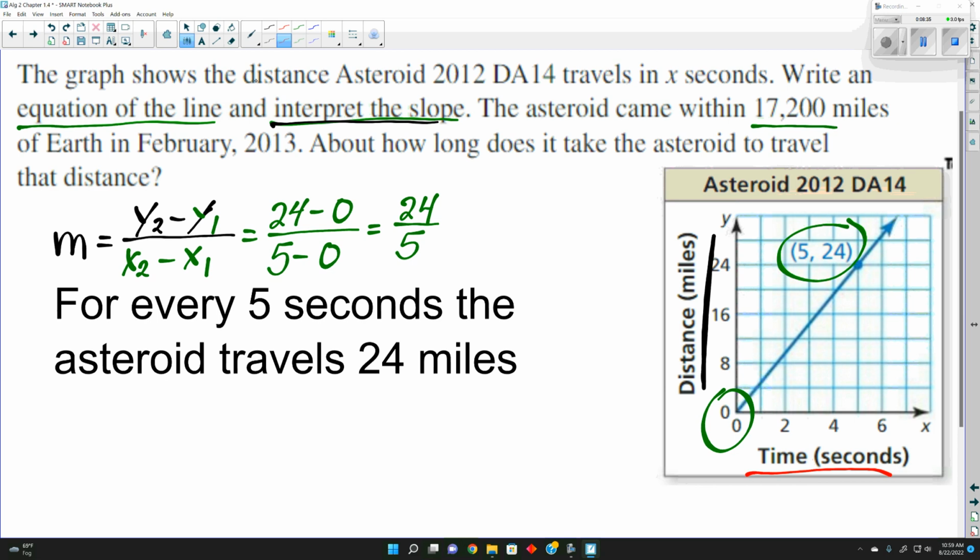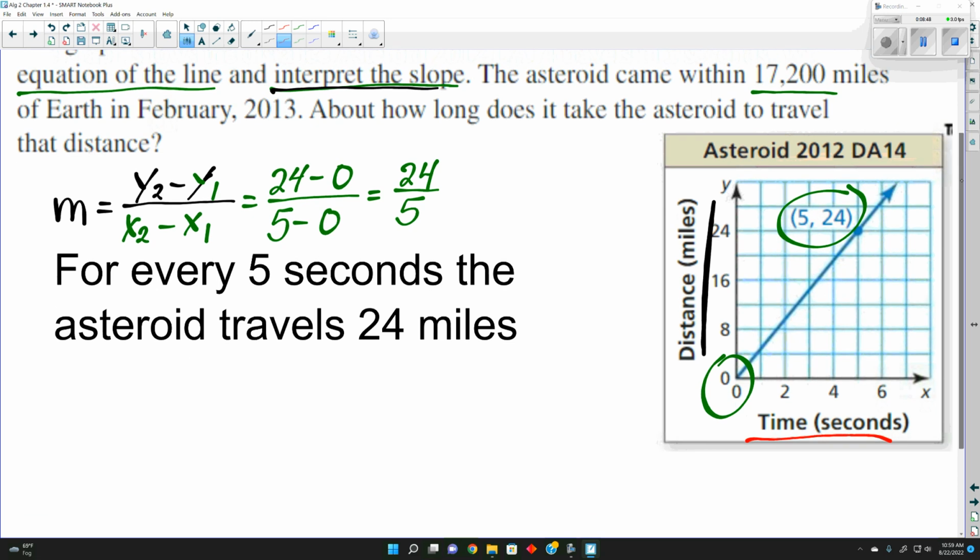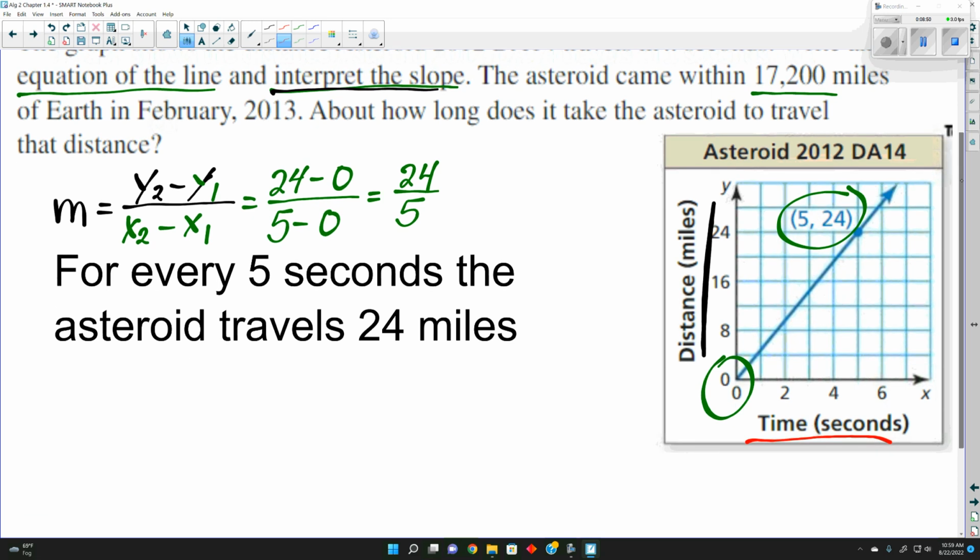Or you could say for every second, the asteroid travels 4.8 miles. Because again, it's just what is the slope telling us? And we're putting it in a word form.